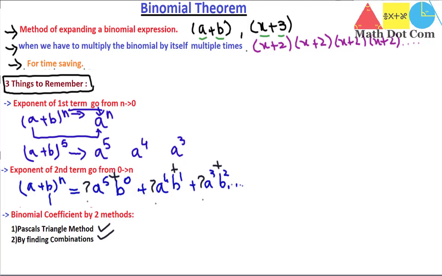So let's see how you can use the Pascal's triangle, and I'll also elaborate on the combinations. Before learning about the Pascal's triangle, let me write the general expression of the binomial theorem for your ease.